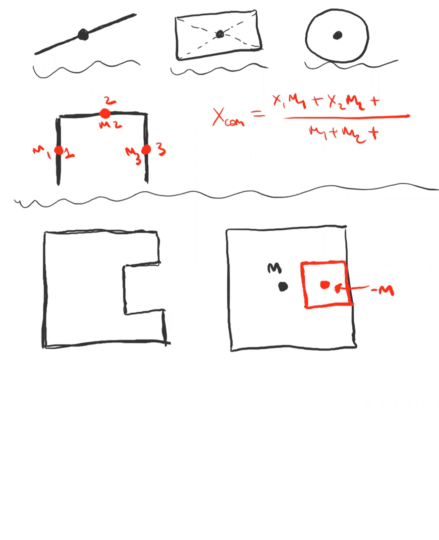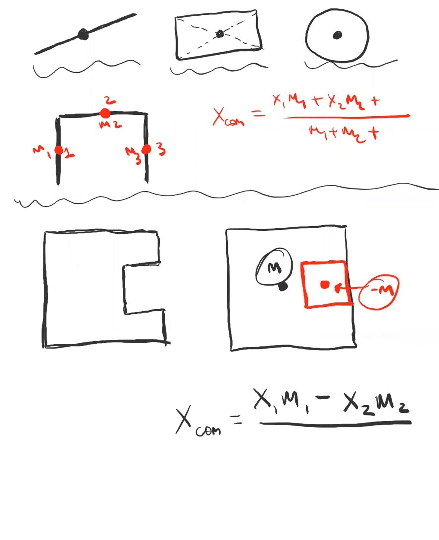So you can think about this shape as two squares, one with negative mass, one with positive mass. And then you can use the familiar formula, the center of mass x is x1 m1, and this time you have to use a negative sign here because you have a negative mass. So this is m1 minus m2.